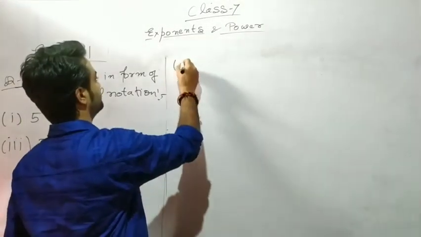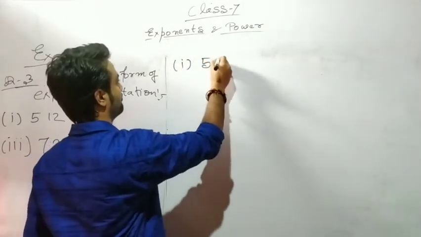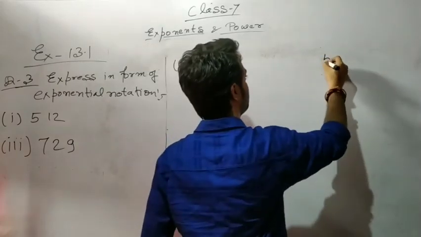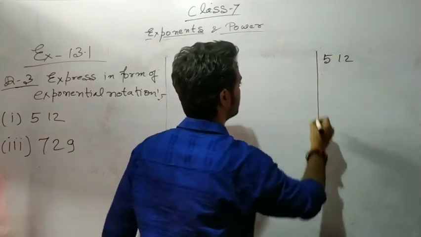First question is 512. On the right side of your copy, find out the prime factorization of 512.